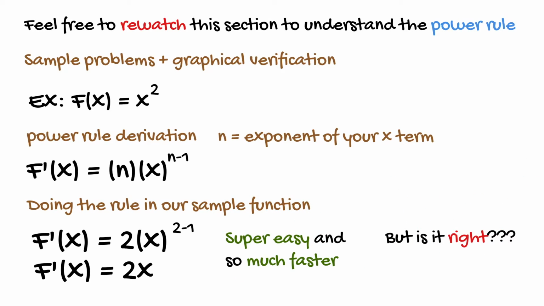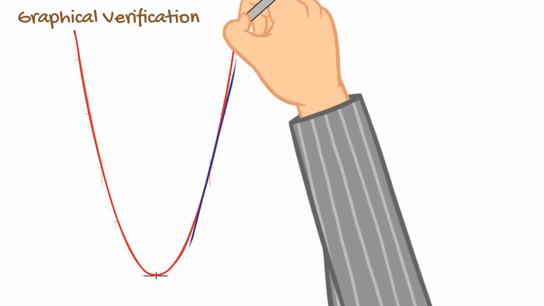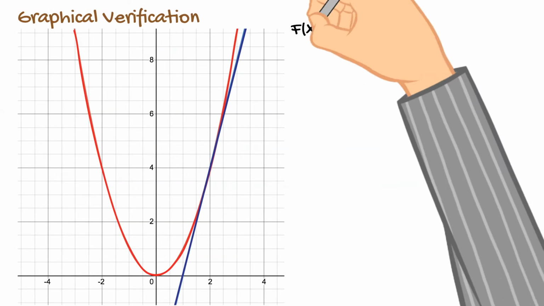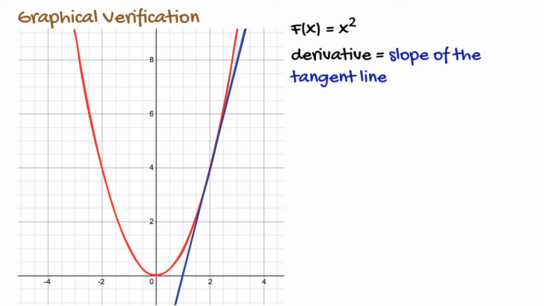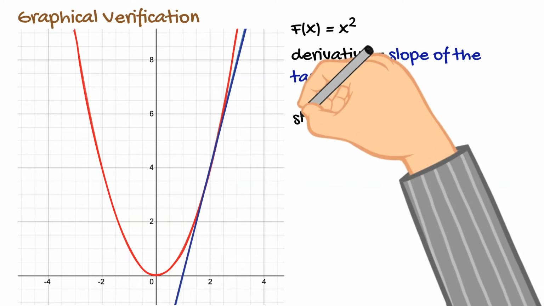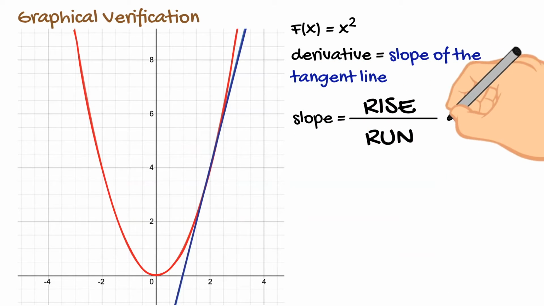But is it right? Well, let's use a graphical method to check our derivative function. So let's plot f of x equals x squared, and remember that the derivative is just the slope of the tangent line at a certain x-coordinate on f of x. So the derivative at x equals 2 is the slope of the tangent line at x equals 2.